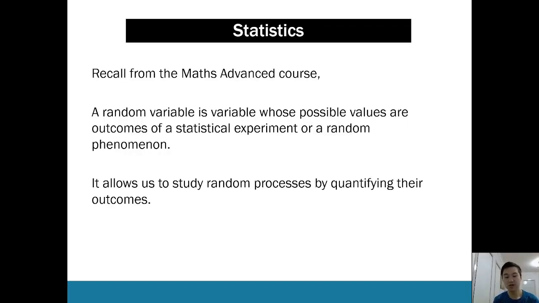Just recall from the Maths Advanced course, you learned about random variables. We talked about how they are variables whose possible values are outcomes of a statistical experiment or a random phenomenon. Random variables are useful because they allow us to study random processes by quantifying their outcomes.